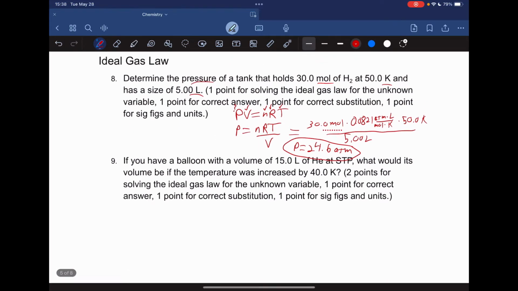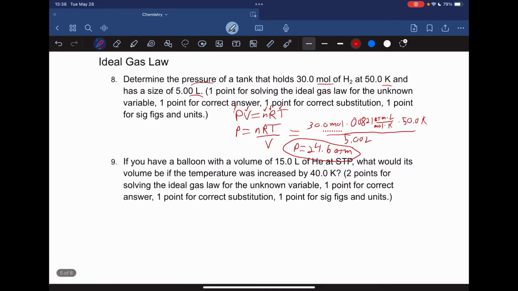The next problem is also using the ideal gas law, but it's using a different version where we're talking about how we're changing from one set of conditions to another set of conditions. For that one, we're going to use P1 times V1 over T1 equals P2 times V2 over T2. This is assuming that our gas is fixed in that container, and we're not changing the amount of moles of gas.